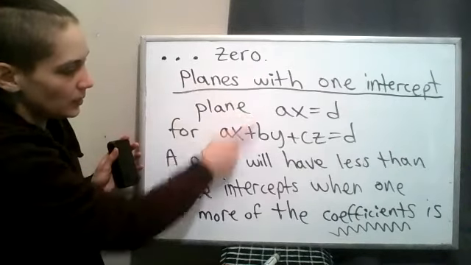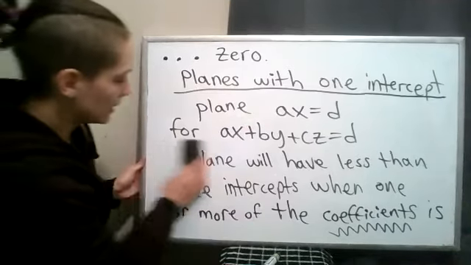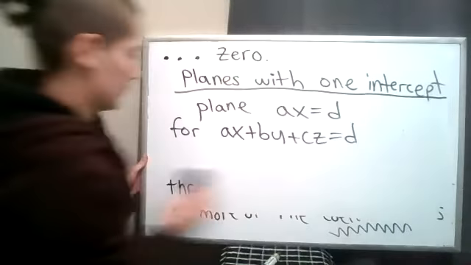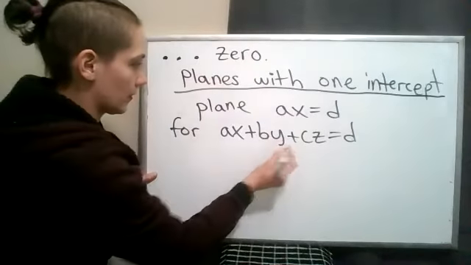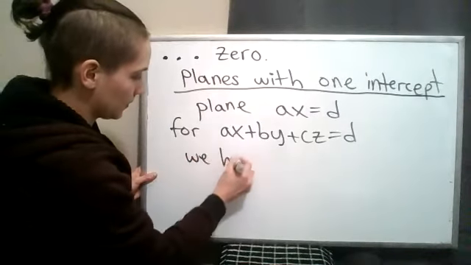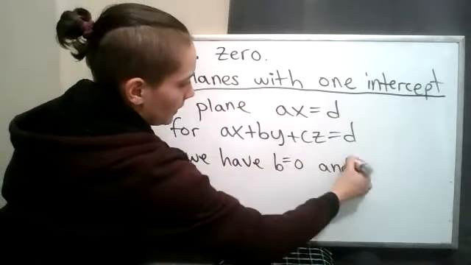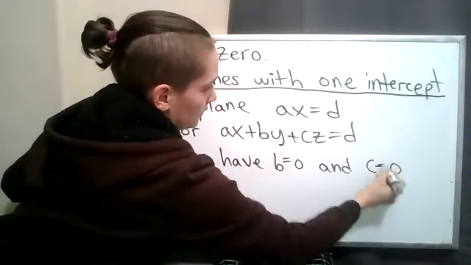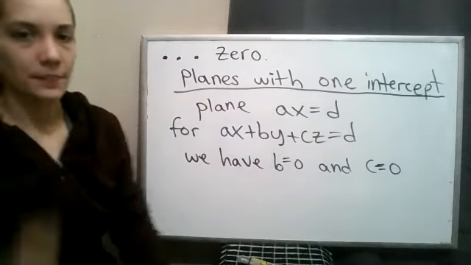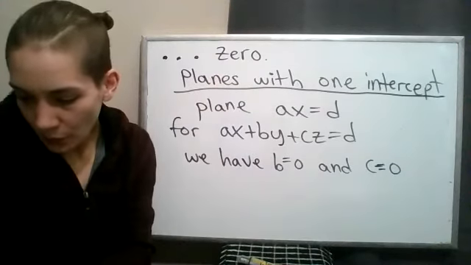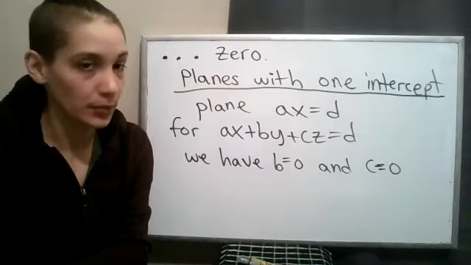So we have two coefficients that are equal to 0, b and c. We want to write that this plane is parallel to the yz plane.